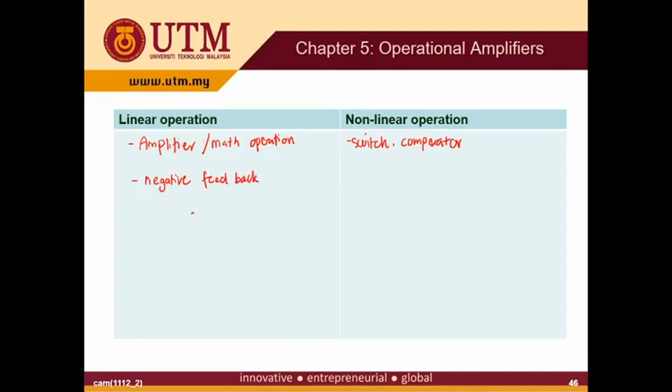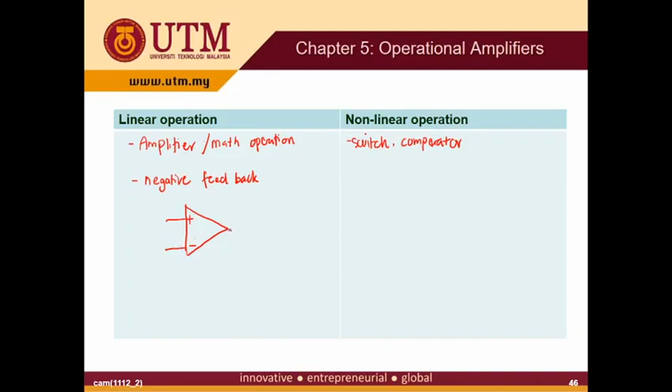So what is negative feedback? As we have discussed before, this is the symbol of the op-amp. It has two inputs. One is the non-inverting input, which is plus, V plus, and the other is the inverting input, V minus.